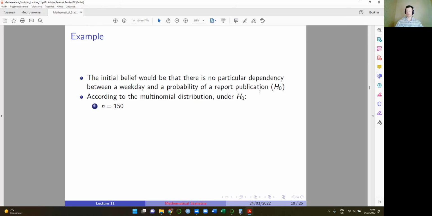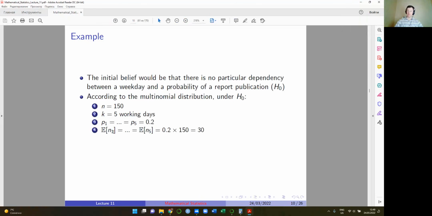If you have 150 firms, that's n, and 5 working days, which are the categories our variable can take on, the probabilities of falling in a particular category are equal, p1 equals p2 equals p3 and so on, and each is 0.2. So we believe that the probability that a firm publishes its financial report on Monday, Tuesday, Wednesday, and so on, is the same. This is the null hypothesis.